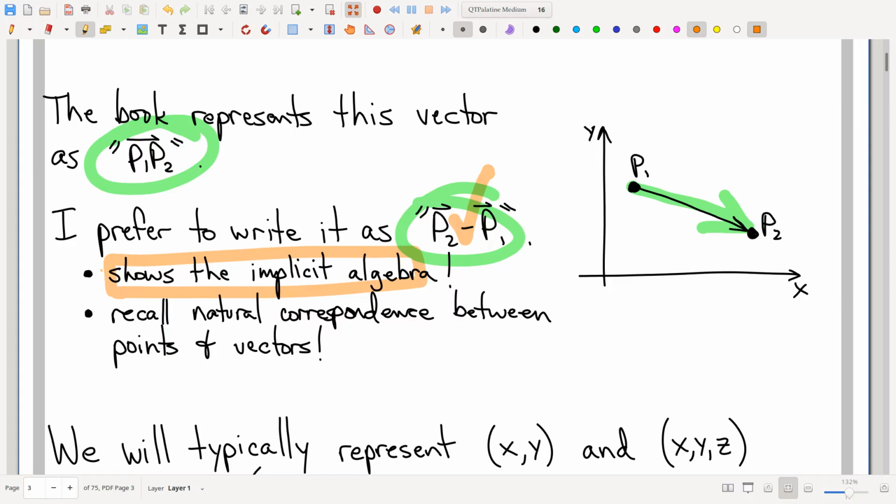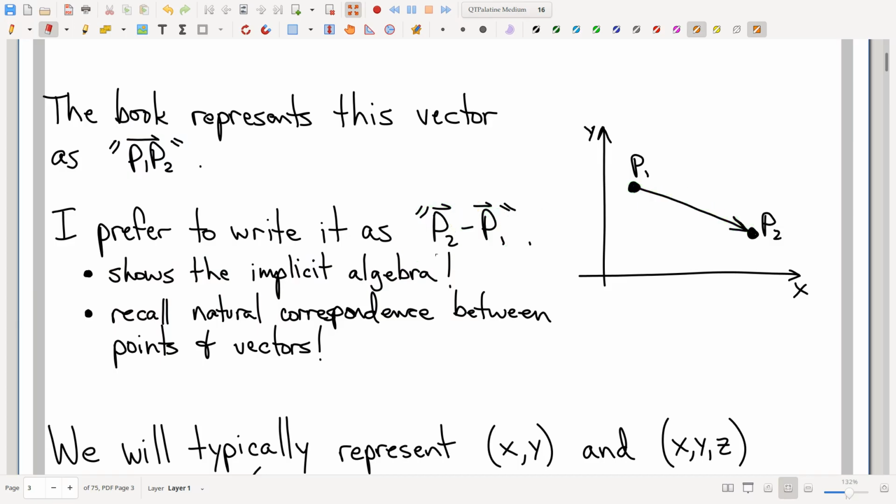Now, whatever, it's just notation, I suppose, right? But algebra is a good thing. I like to see good things so that I have a visual reminder, hey, I've got an opportunity here. Algebra's on the table. I like to use algebra. So anyway, I prefer that notation for that reason.